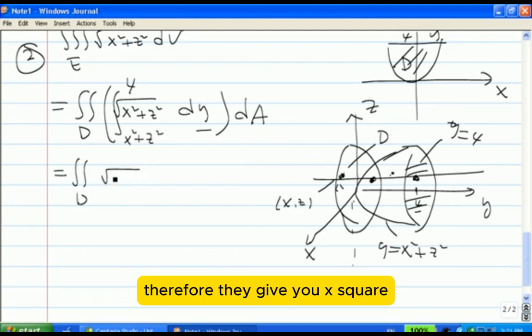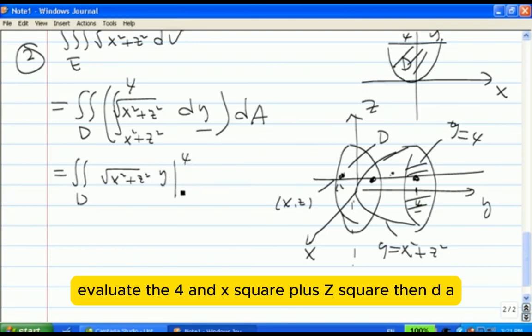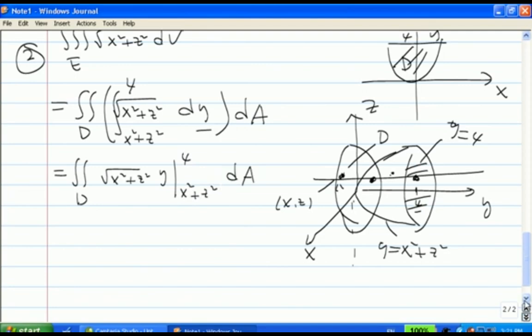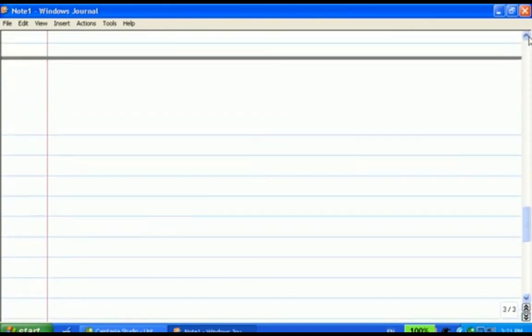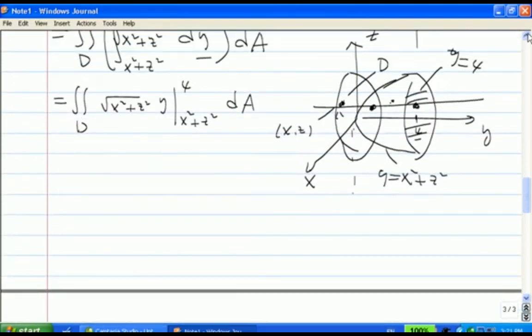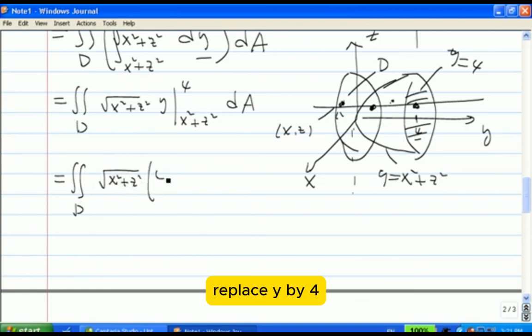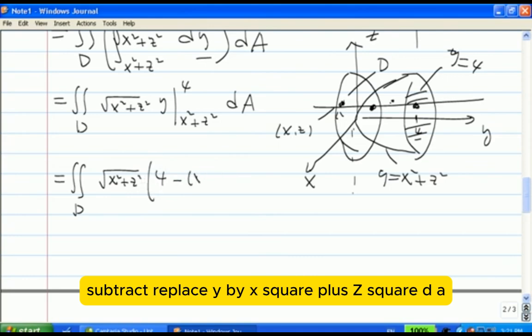Therefore, they give you square root of x squared plus z squared times y, evaluated at 4 and x squared plus z squared, then dA. Okay, this is equal to square root of x squared plus z squared, replace y by 4, subtract, replace y by x squared plus z squared, dA.